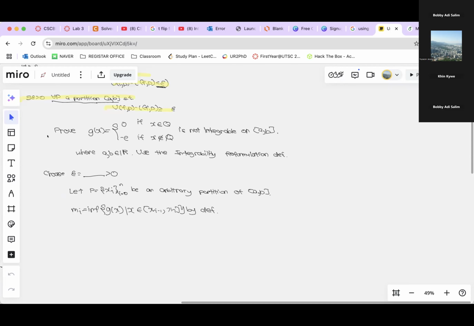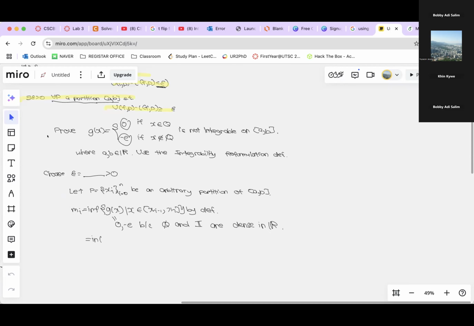So we are getting the smaller values, and there's 0 and negative E. So it's coming from here and here, because rational and irrational are dense in the reals.